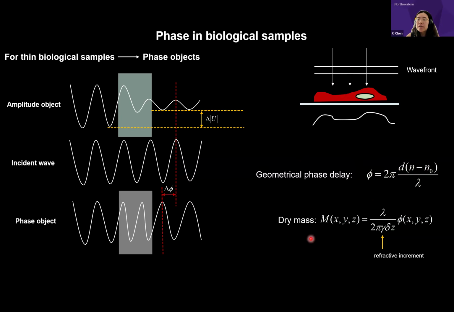And the dry mass quantity is linearly proportional to this phi. This gamma has been studied a lot by previous researchers, and this is just a constant. Of course, it depends on the type of biological sample that you're imaging.